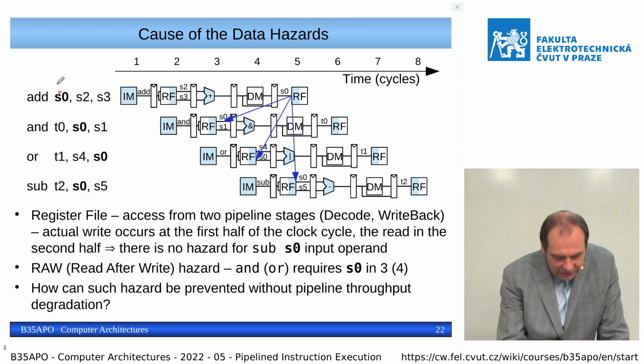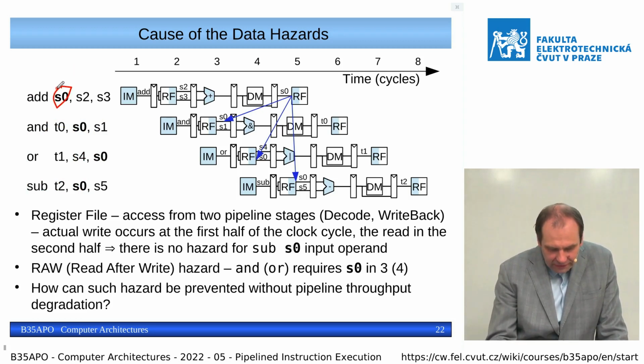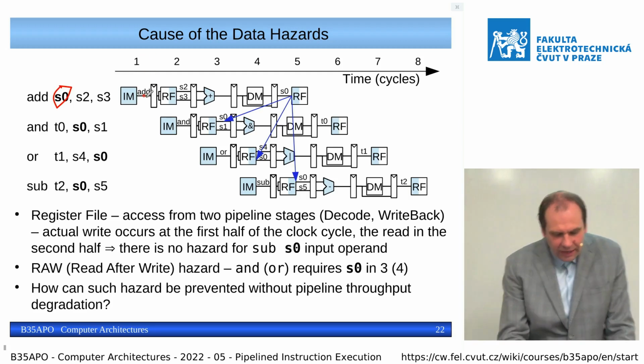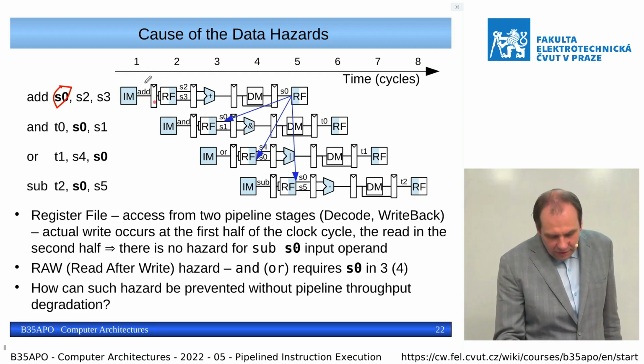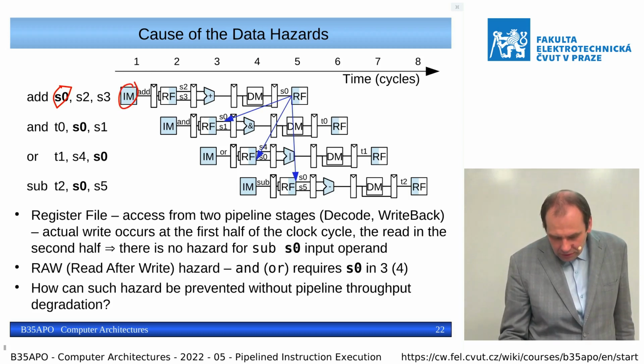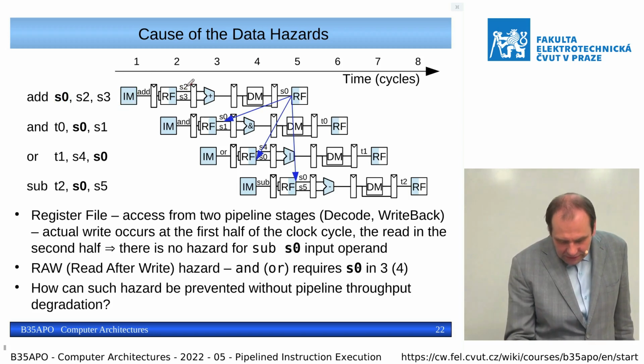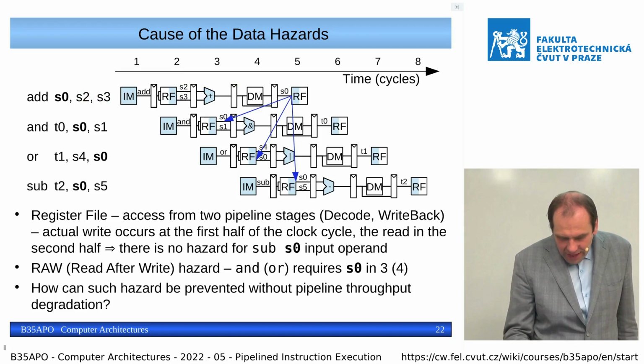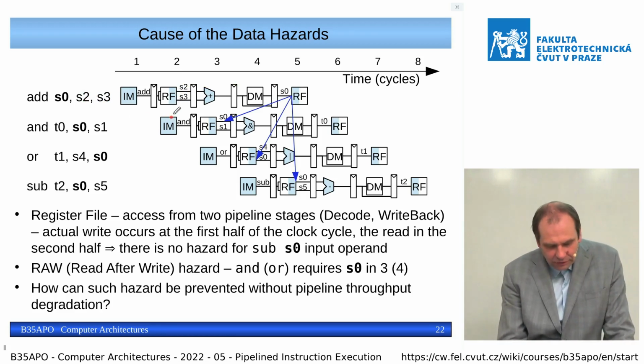So we can see that in the first clock cycle, we fetch the add instruction. In the next, we decode that we need S2 and S3, so they are here. And in parallel, we fetch the AND instruction.